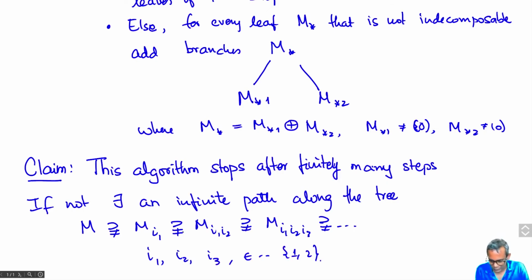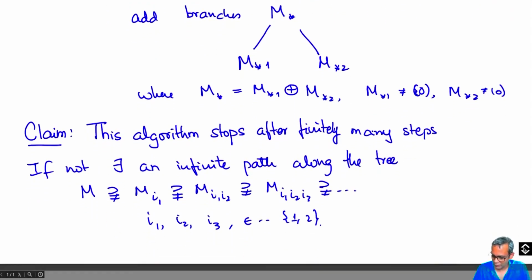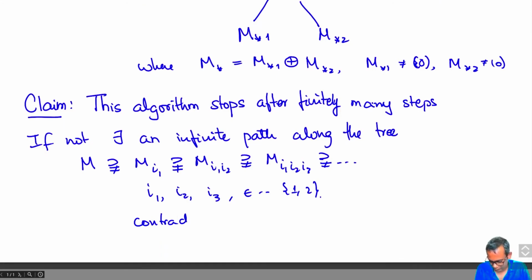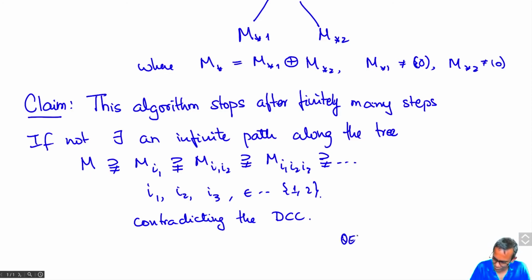And this would be a strictly decreasing chain of submodules which would not stabilize, contradicting the DCC. And so every module that satisfies the DCC can be written as a direct sum of indecomposable submodules. So this algorithm proves the claim.